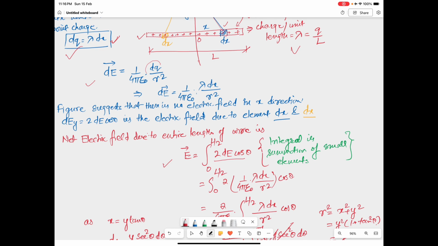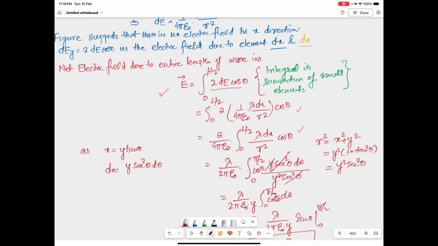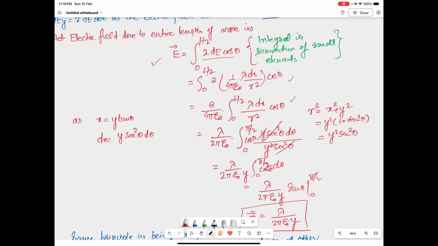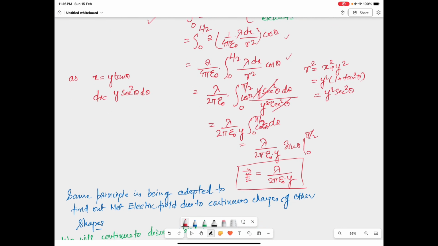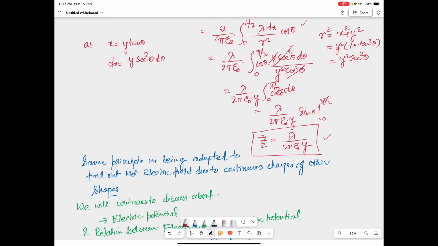So 0 to L by 2 is taken, and when I solve this integral, if you are aware of how integrals are solved, we substitute the values and obtain E is equal to lambda upon 2 pi epsilon naught y. It is the electric field because of the wire which has a charge density lambda at a distance y away from it.